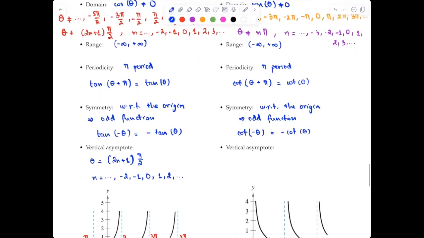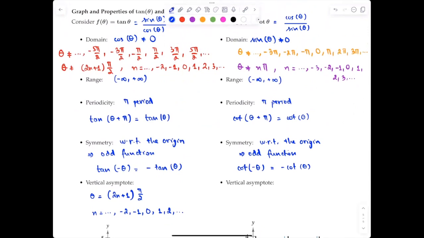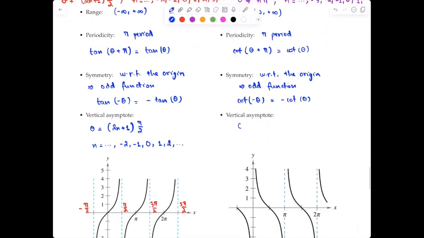Okay. Because you exclude a lot of values of theta in the domain, those are going to be the vertical asymptotes. So in this case, you have theta equal to n pi, going to be the vertical asymptotes, where n is equal to ..., -2, -1, 0, 1, 2, and so on and so forth.